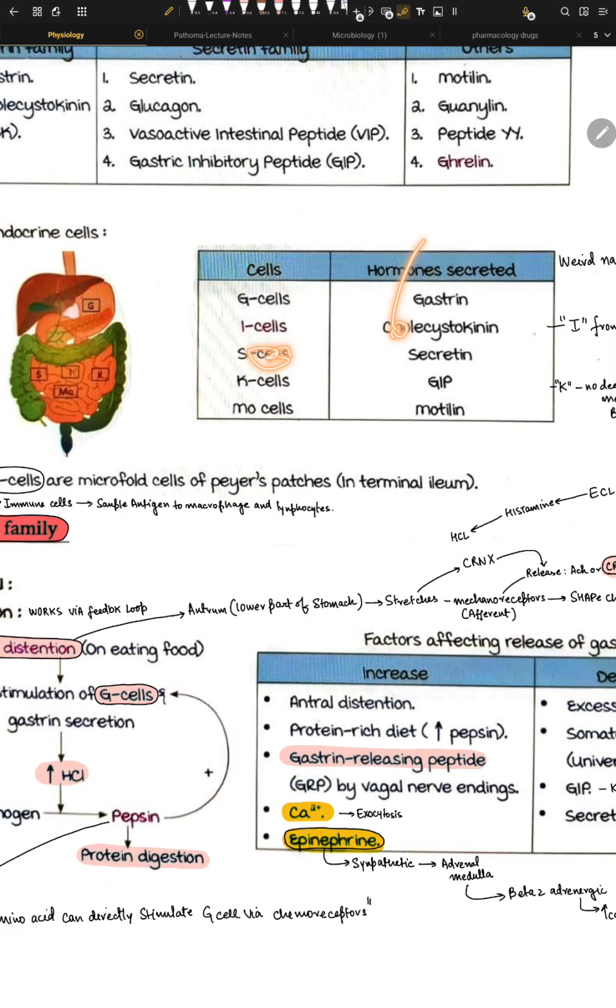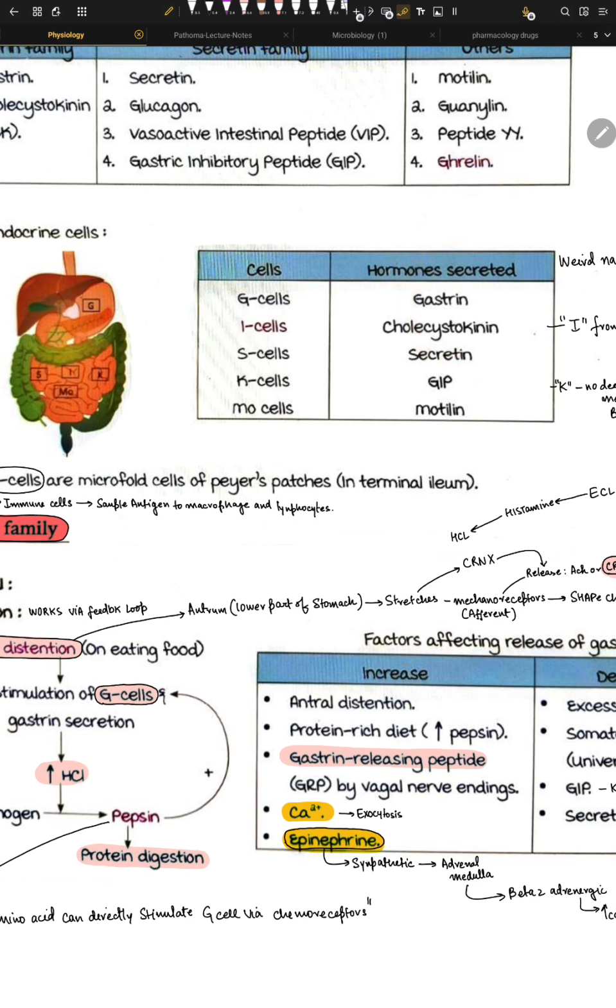S cells lead to secretin. S cells are present on the brush borders of the intestine, and they produce secretin, and secretin leads to production of HCO3, which is bicarb.